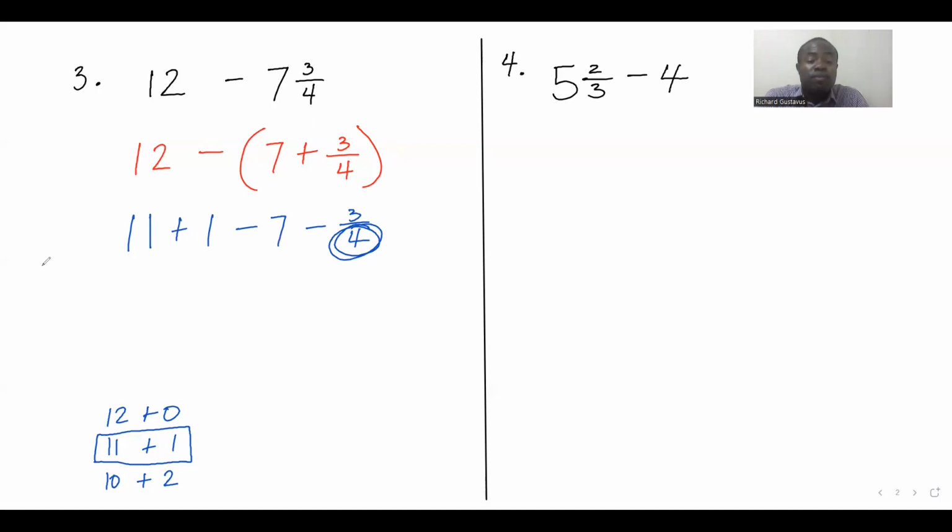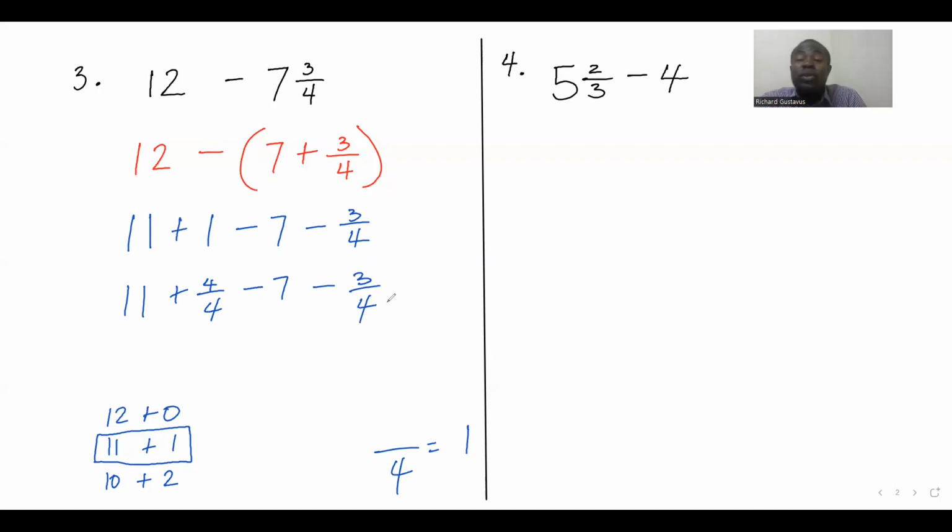So now with 4 as our denominator, it should be equal to 1. That means our numerator should also be 4, because 4 divided by 4 is equal to 1. So it's going to be 11 plus 4/4, which is the same thing as 1, minus 7 minus 3/4. All right.